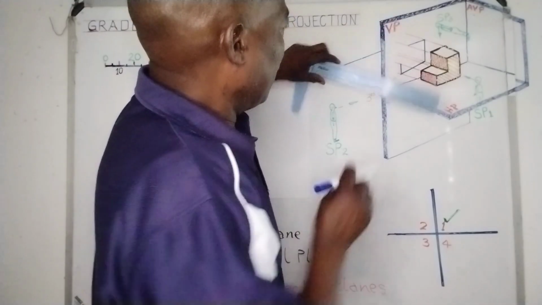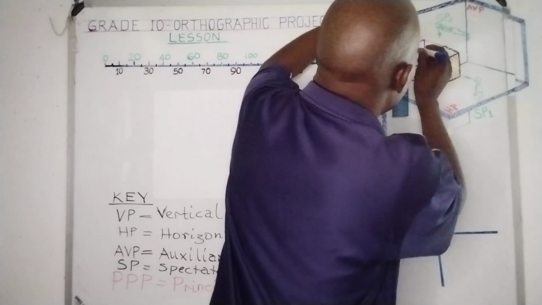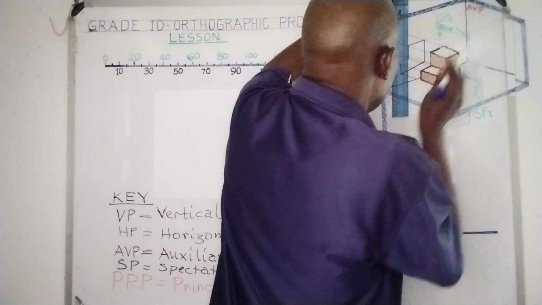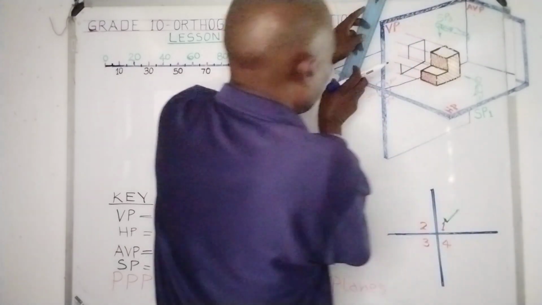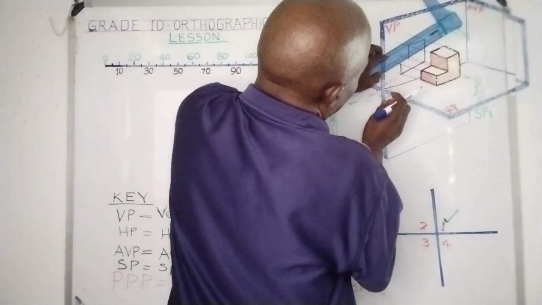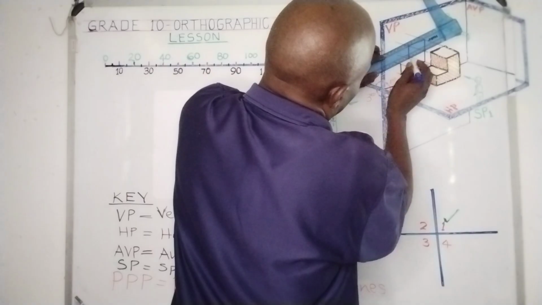Like that. So this is the concept. And what you see from this position is cast on the vertical plane. On the vertical plane, that's where we see the front view or the front elevation.